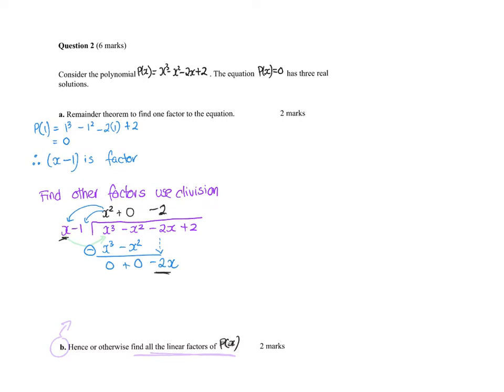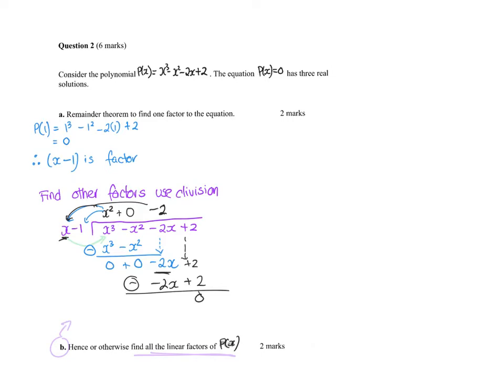So then we're going to multiply them this way. So that will be minus 2x, and I've dragged this down, plus 2, and then I've got minus 2 times minus 1 is plus 2. So if you minus these, you'll see that they cancel out and get 0.